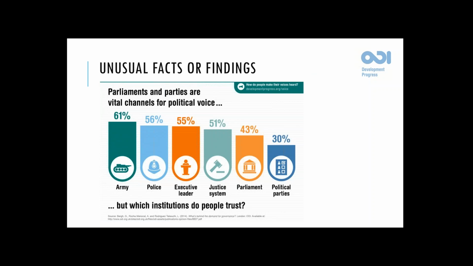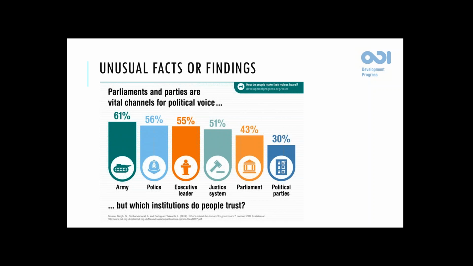And within this, we drew on some research that was found in another paper by the primary author of this report, looking at the fact that often we assume, as think tanks and other research institutes, that democracy is going to be an important tool for political voice. But actually, when you go out and survey the population, it may not be that political entities like parties or institutions like parliaments are what people trust.